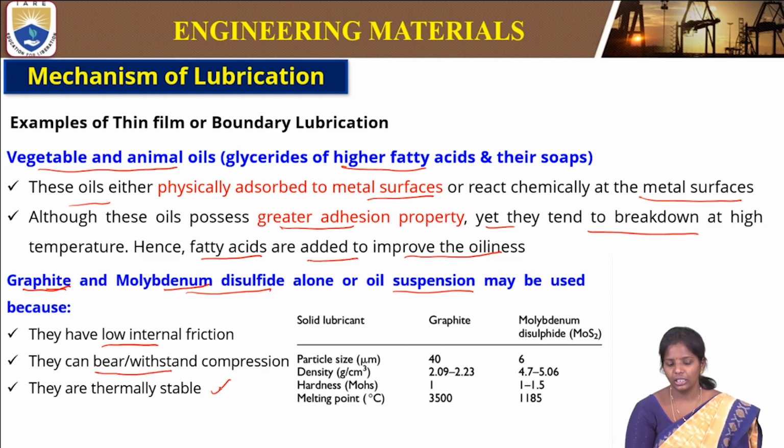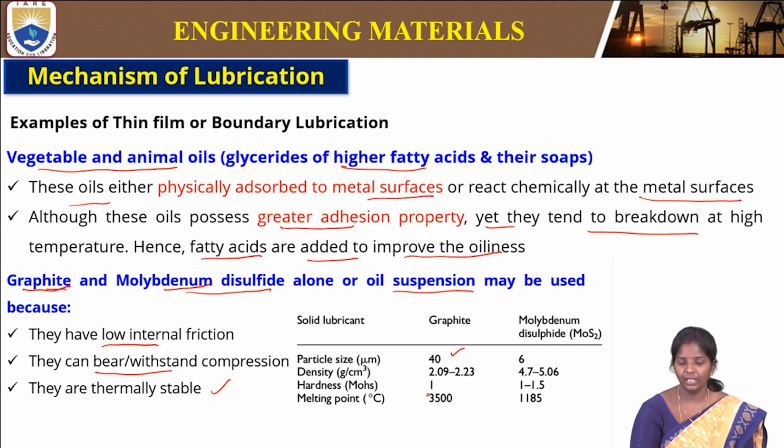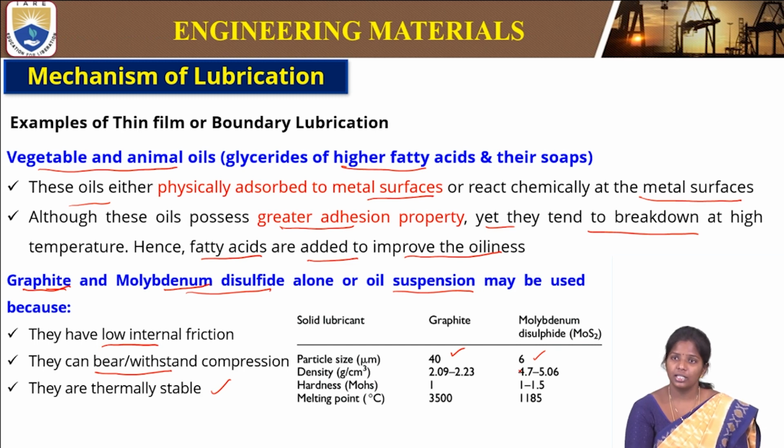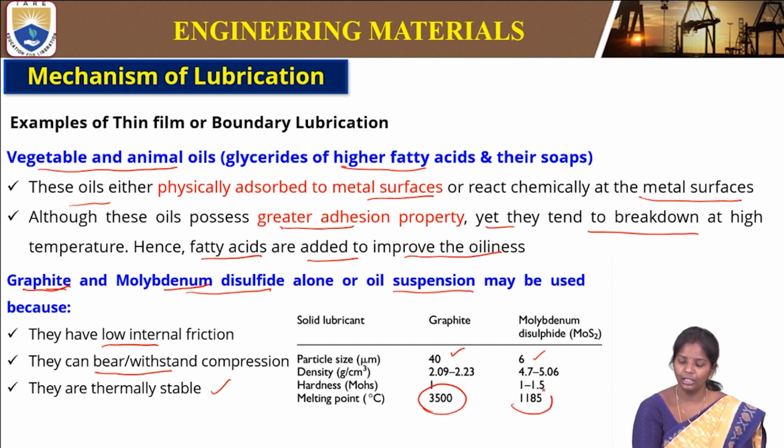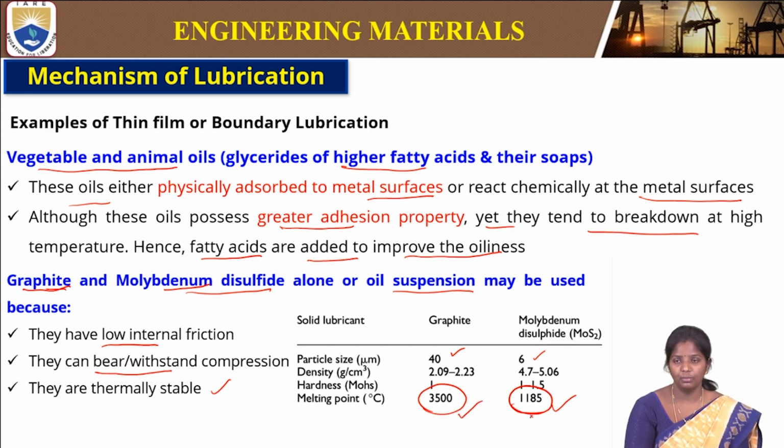If we see the particle size, the graphite particle size is 40 microns, whereas for molybdenum disulfide it is 6 microns, and the density also varies. However, if we only consider the melting point, it is very high for graphite when compared to molybdenum disulfide. So these two materials can be used in high temperature applications.